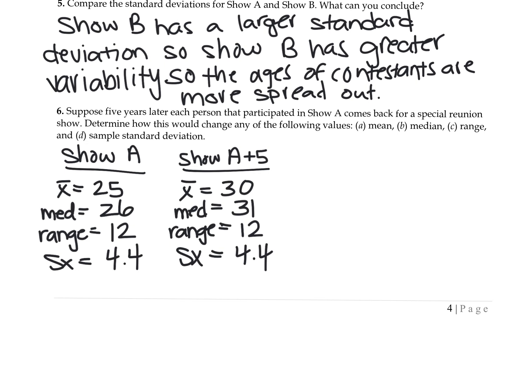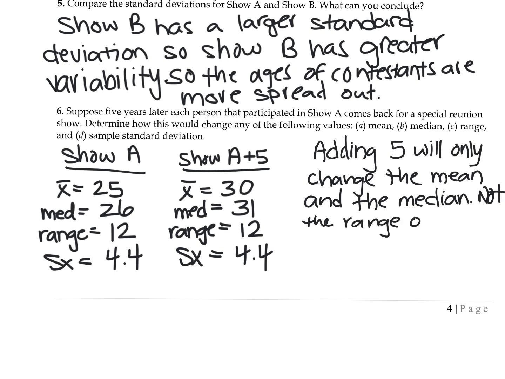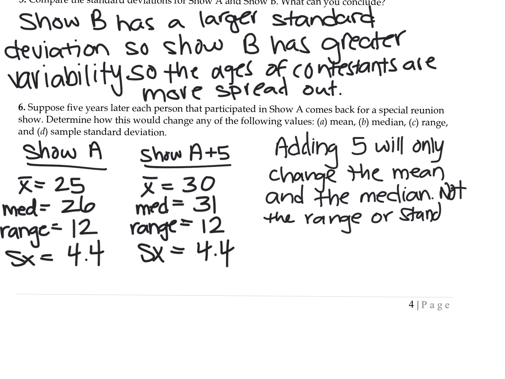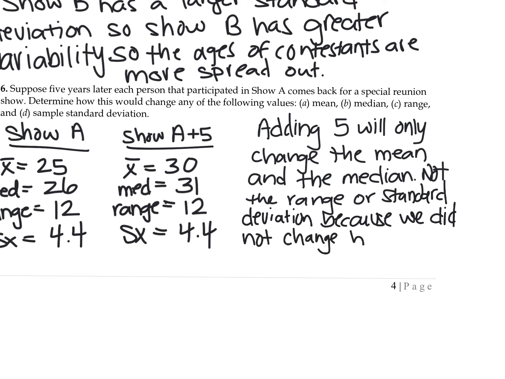So adding 5 will only change the mean and the median, not the range or standard deviation, because we did not change how spread out the data was.